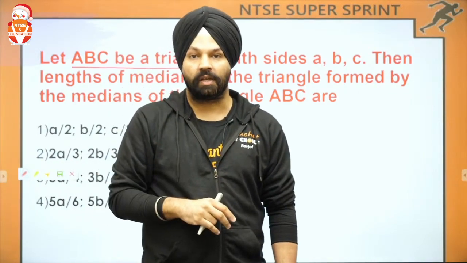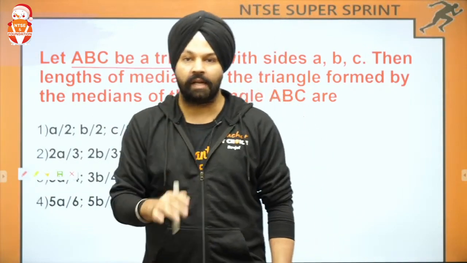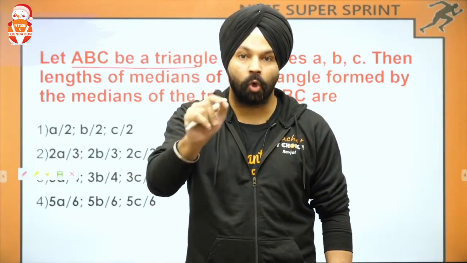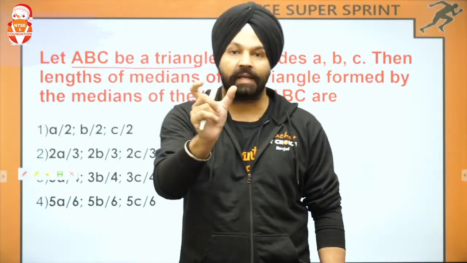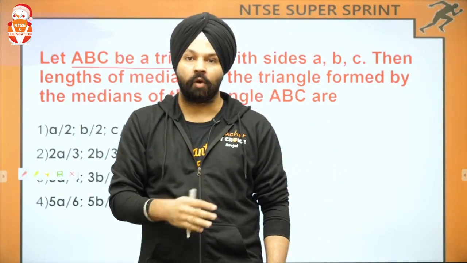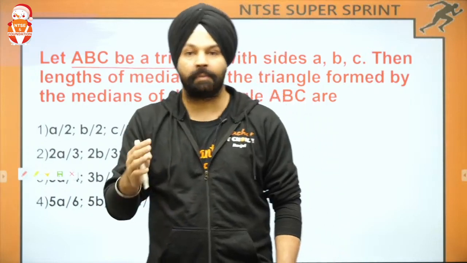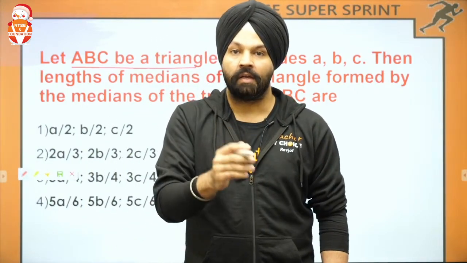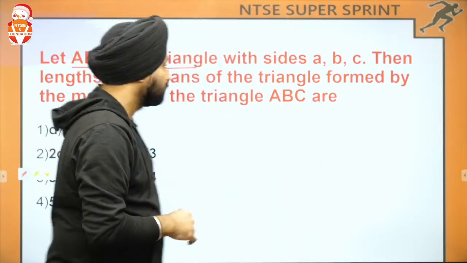That is the equilateral triangle, right? So whenever there is a question and he says there is a triangle and he tells you that the sides are a, b, c, it is always good to suppose the triangle to be an equilateral triangle, because triangle is a generic term. Whatever result you get will be a universal result, applicable on all, right? But common sensically, if I pick an equilateral triangle I can make the question easier. See how.